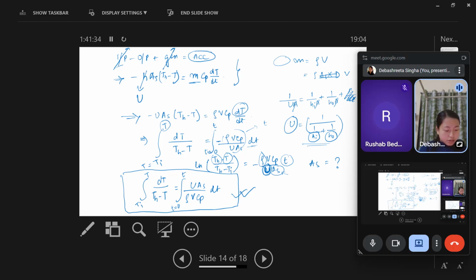Just solve this and anyhow, you will get some expression from here. Then you calculate the U from Hi and H naught, that is the overall coefficient. And then all other values you know. You just need to find out the As from there, and you can find out L as As divided by D. So the answer is 21.8 meter.